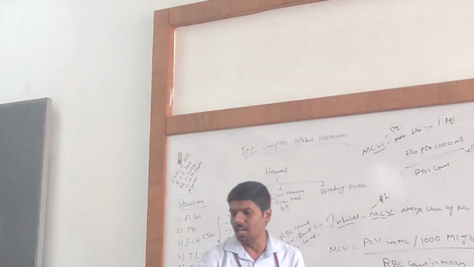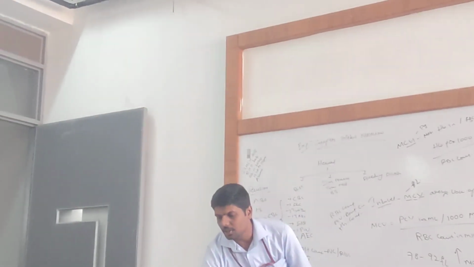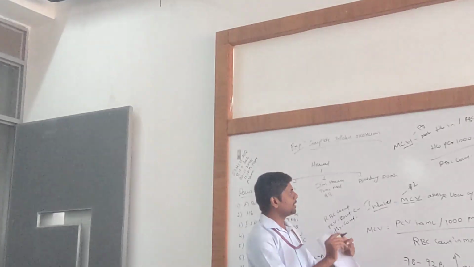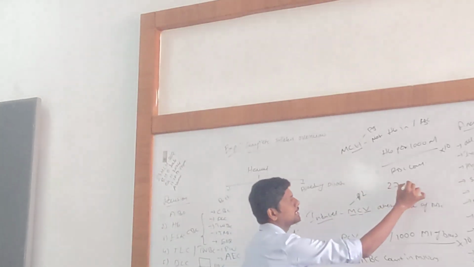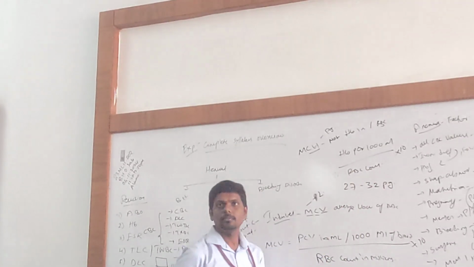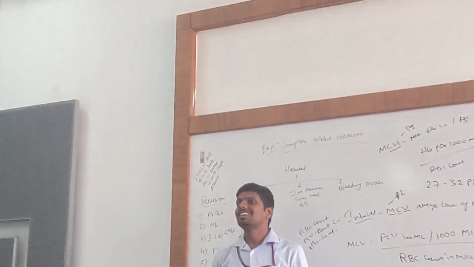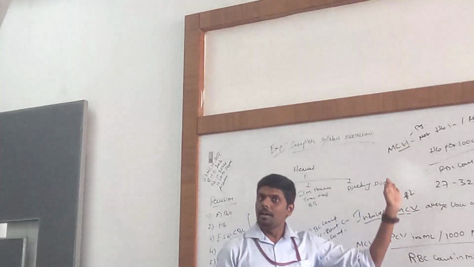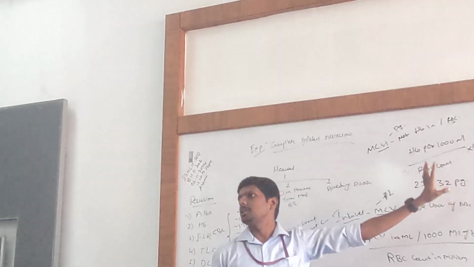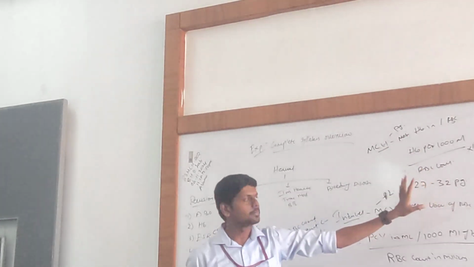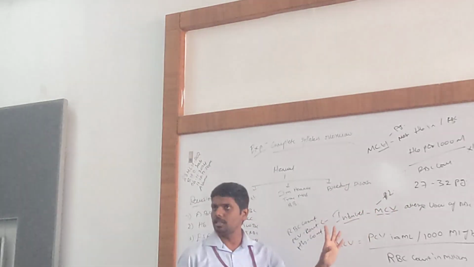Normal MCH value, write down: textbook to textbook these values differ, but as per the scheduling book the normal range is around 27 to 32 picograms. Very simple to recall: MCV is PCV by RBC count, whereas MCH is HB by RBC count. Clear?